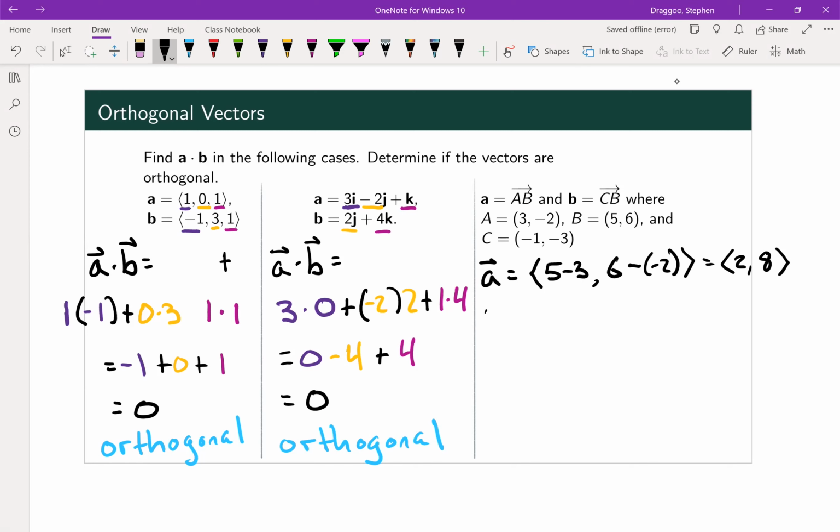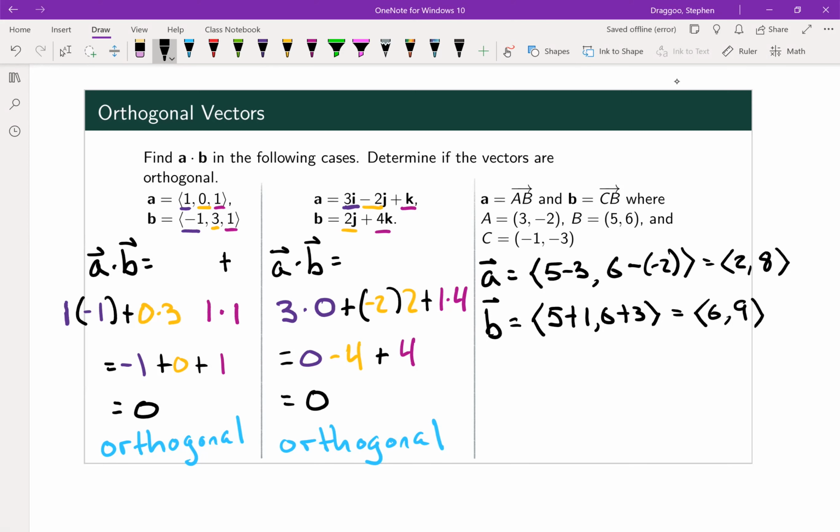Then we'll take a look at vector B, which in order to get B, we're going to take the point B and then subtract the point C. So final minus initial. So 5 minus negative 1 and 6 minus negative 3 gives us the vector 6, 9.